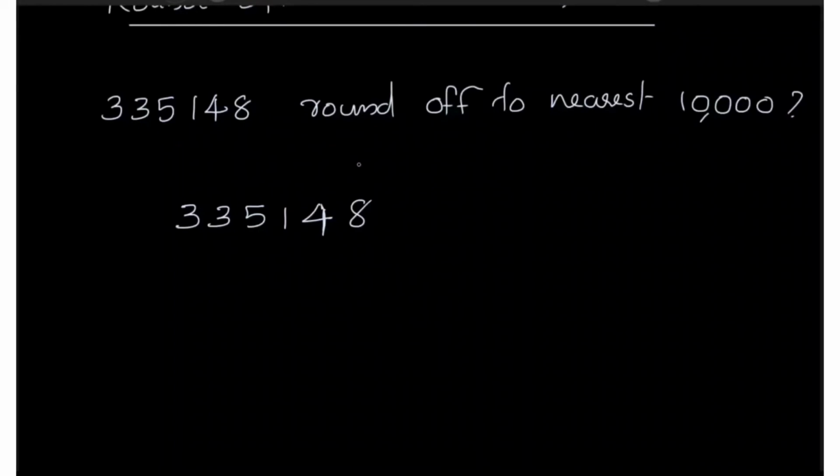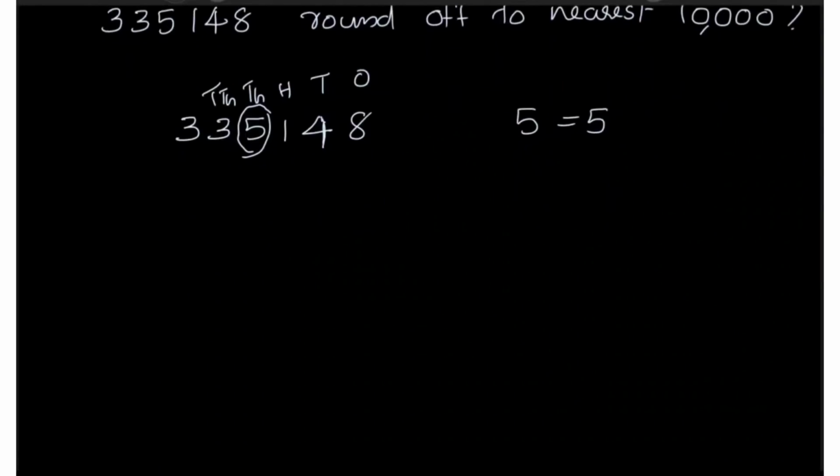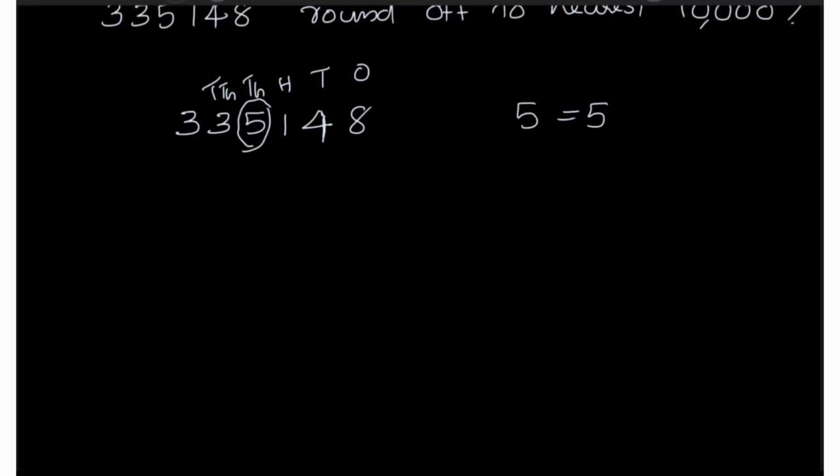Here the place values are 1, 10, 100, 1000, and this is 10,000. In order to round off to 10,000, we have to check the very next right place, that is the 1000 place. Here that is equal to 5 itself. So we can add 1 to the 10,000 place, that is like this.